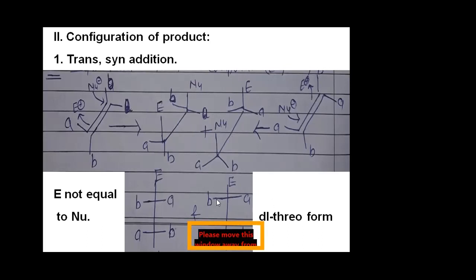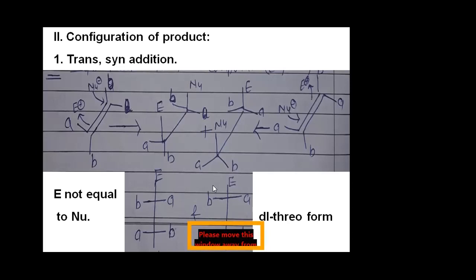So now you can see, because here A is on the right and B on the left, it means these are stereoisomers, enantiomers. These two are enantiomers, but they are DL stereo, because A and B are not on the same side. Because they are not on the same side, it is DL stereo products.